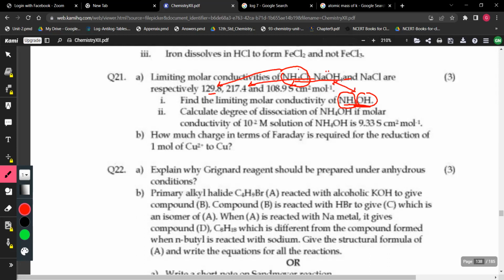This and this added, minus the new ions. What did we add? Na here and Cl here. The electrolyte containing those two ions, its lambda naught, we have to subtract from these two.